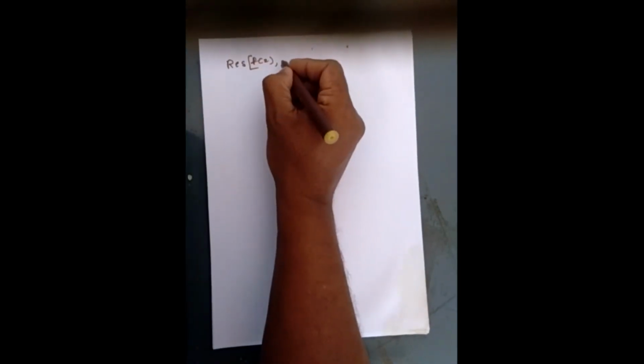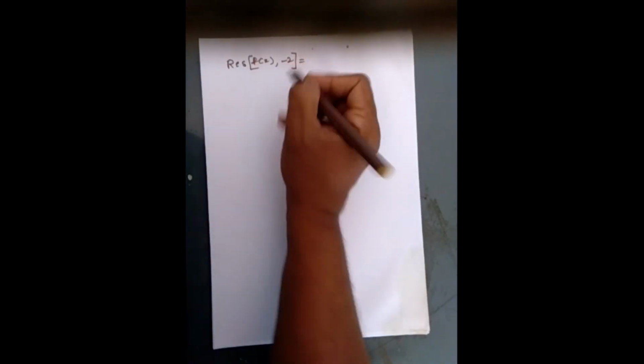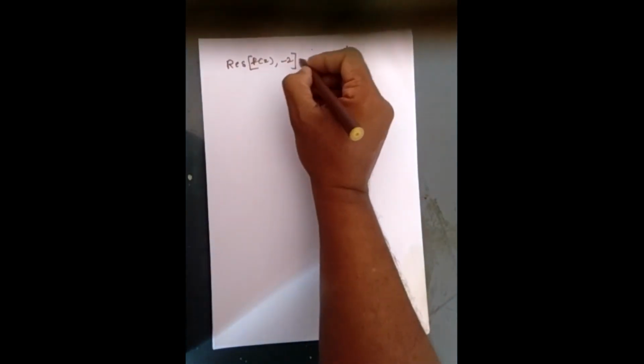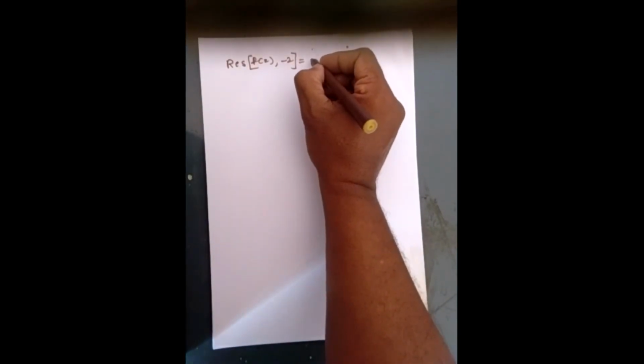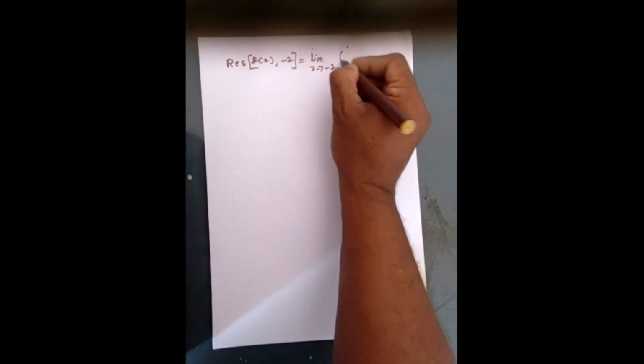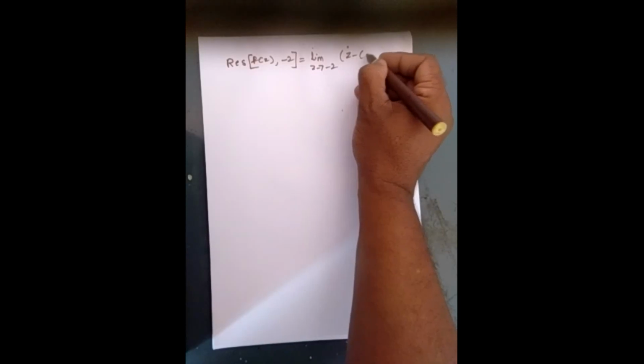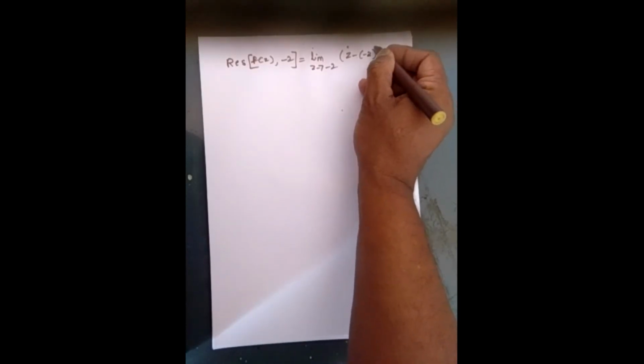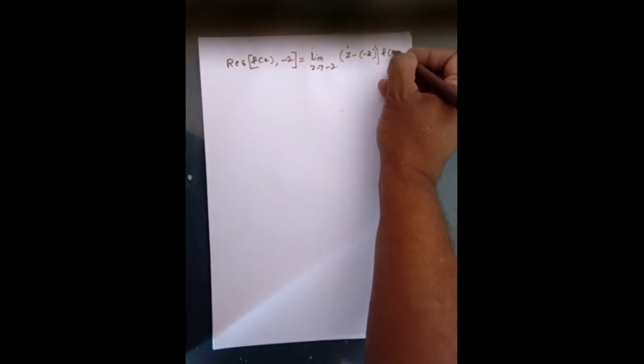Therefore the residue of f of z at z is equal to minus 2 is, according to the formula, since it is a pole of order 1, the limit as z tends to minus 2 of (z minus a) into f of z.